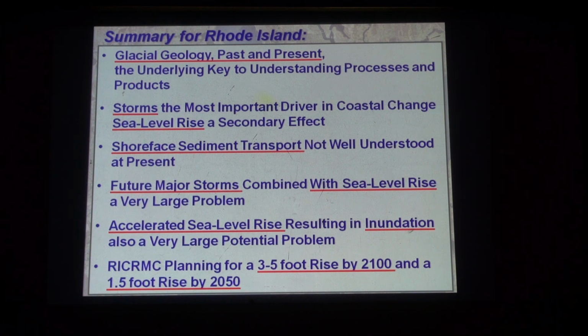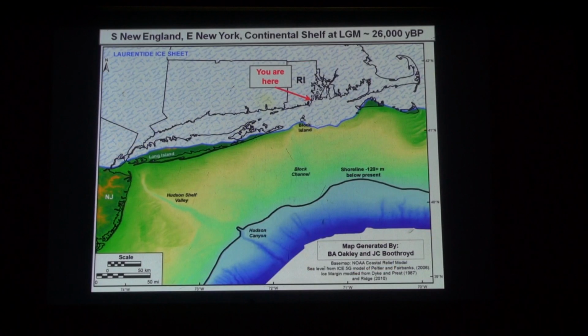Future major storms combined with sea level rise are a large problem. Accelerated sea level rise, which is what David was asked about, resulting in inundation is also a very large potential problem. Now, the Rhode Island CRMC is planning for a 3 to 5 foot rise by 2100 and a 1.5 foot rise by 2050.